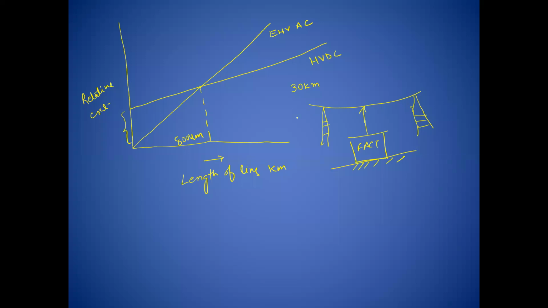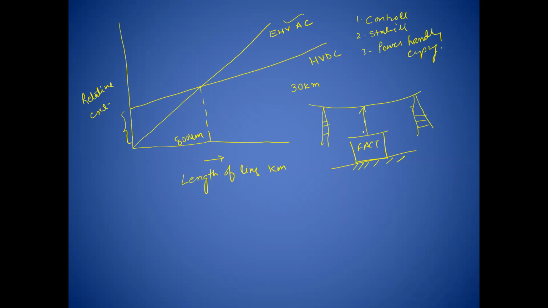So the overhead EHV transmission line is very useful, and the EHV system in conjunction with FACT technology gives, first, control over the transmission line parameters, second, stability, and third, power handling capacity. Definitely the power handling capacity can be increased.